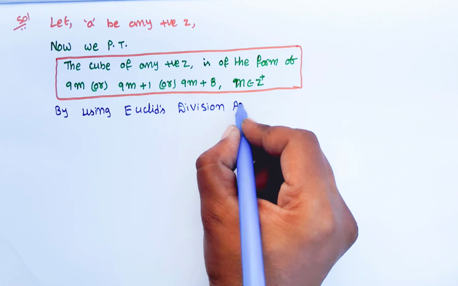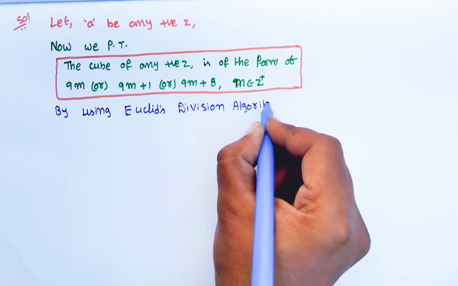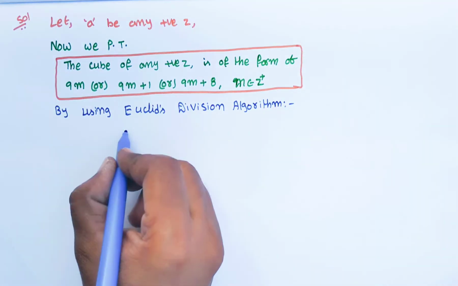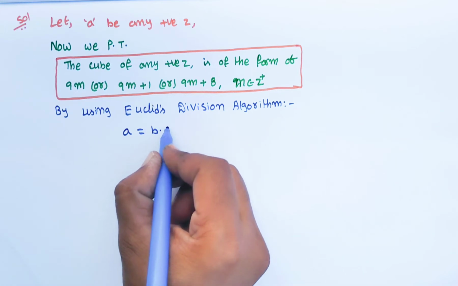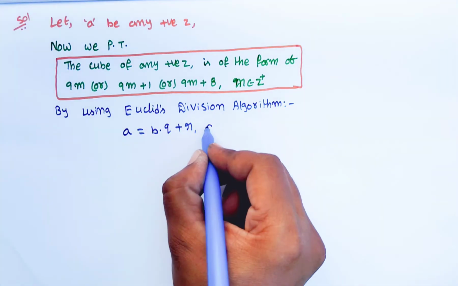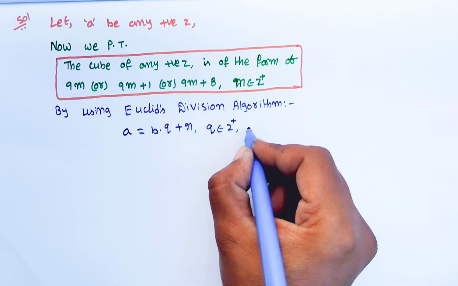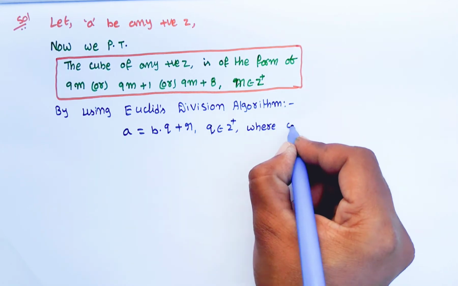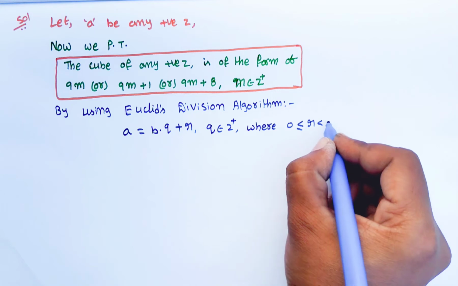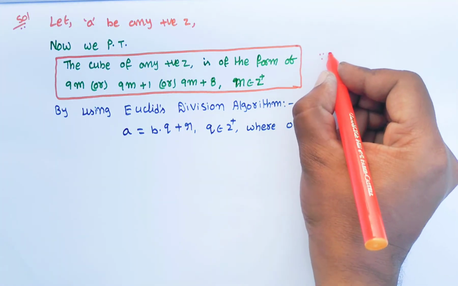By using Euclid's division algorithm, a equals b into q plus r, q belongs to Z plus, where 0 is less than or equal to r less than b.